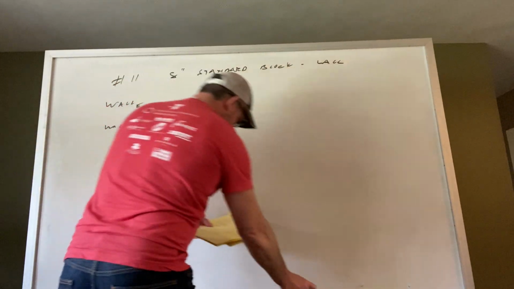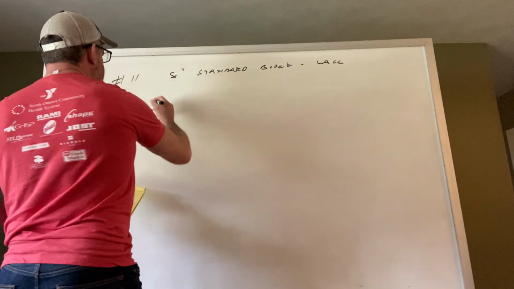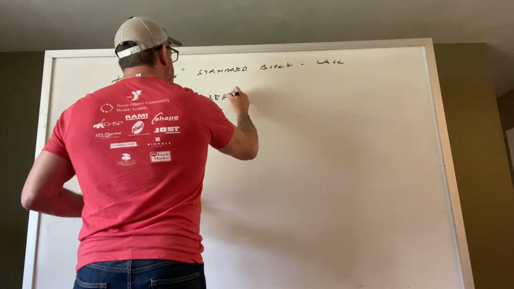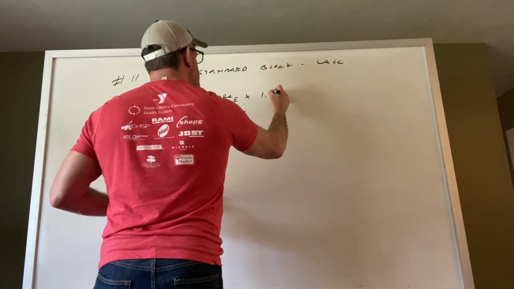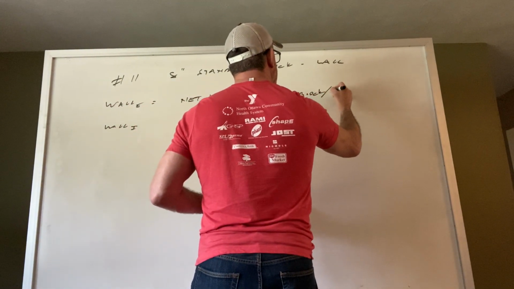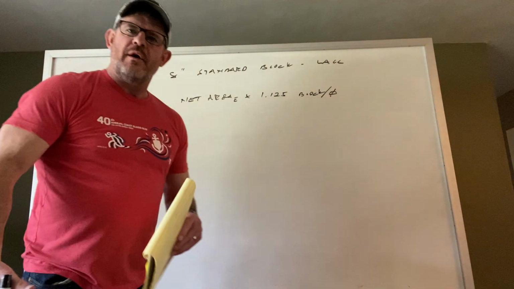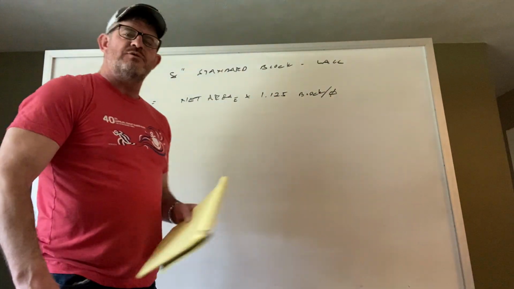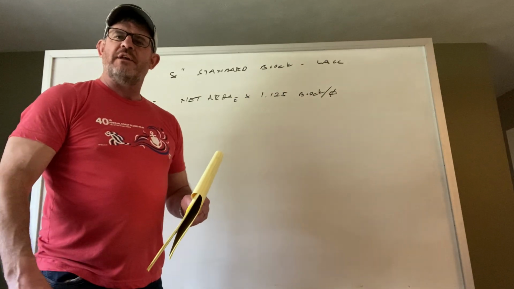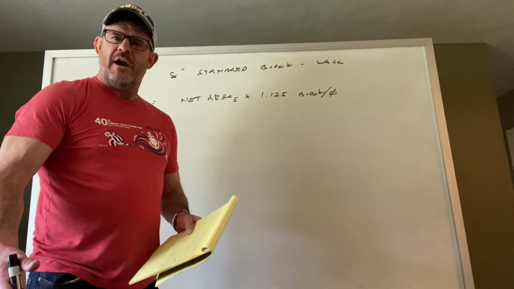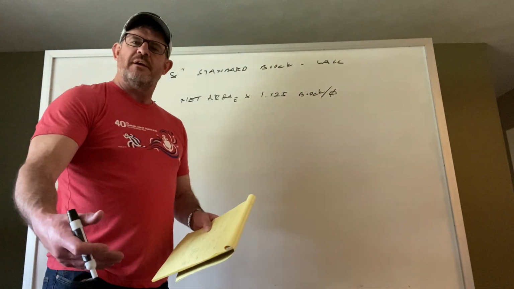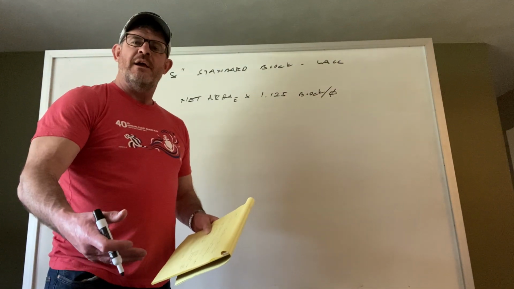All right, so our formula is going to be my net area of my exterior times 1.125 block per square foot. We've already determined that I use 1.125 block per square foot.